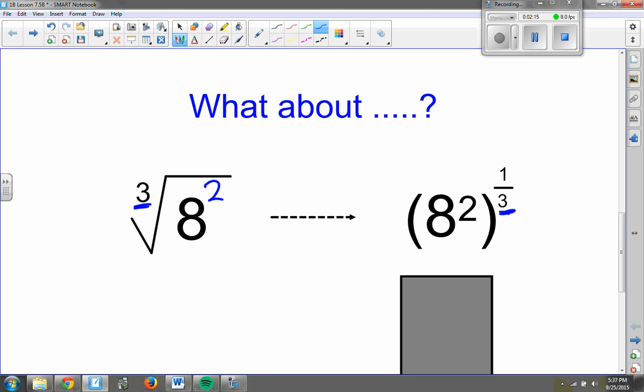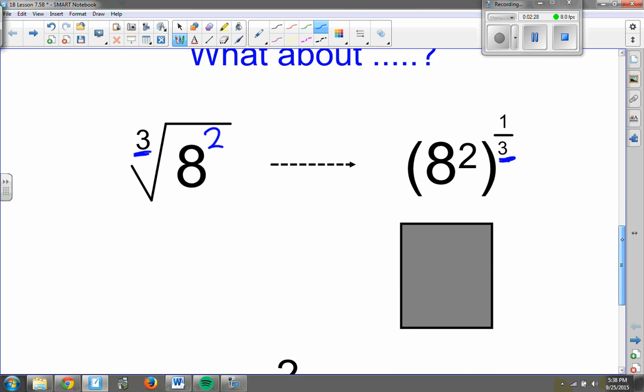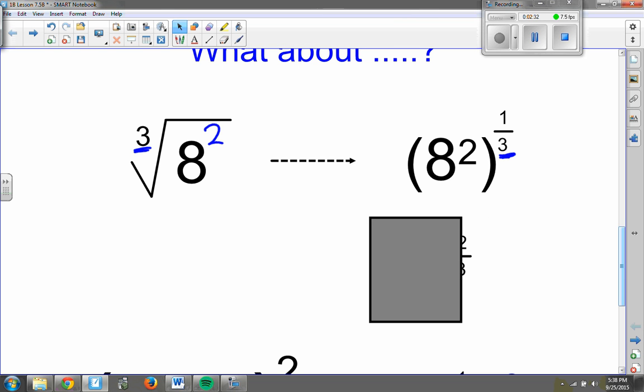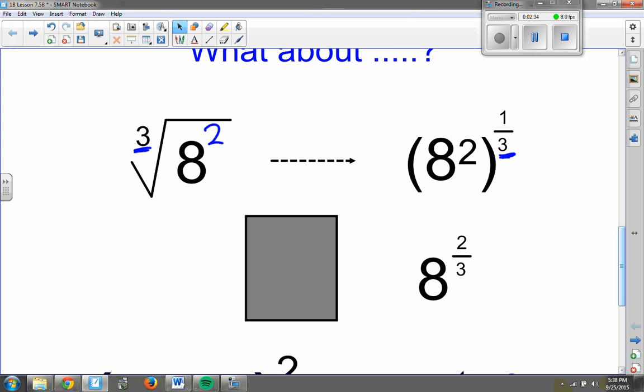But now we know if we take a power and raise it to another power, we should be multiplying the exponents. So 2 times 1/3, if we're raising to the 2nd and then to the 1/3, is 2/3.